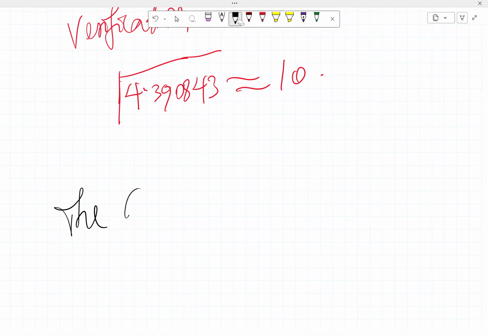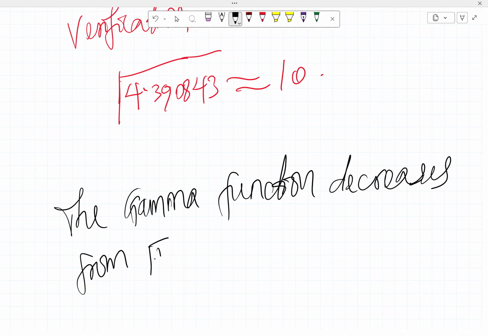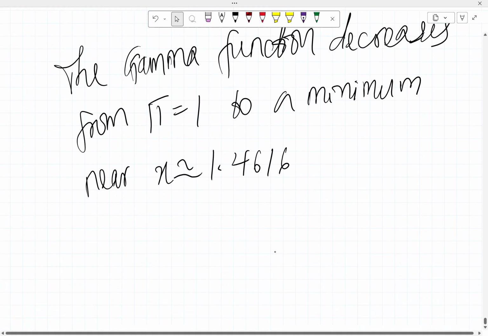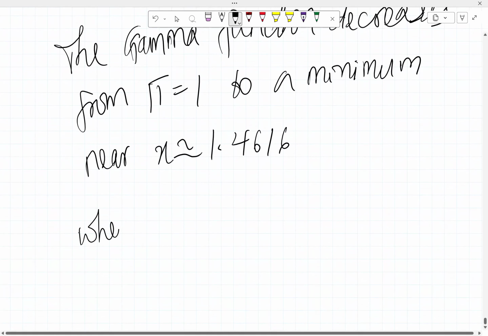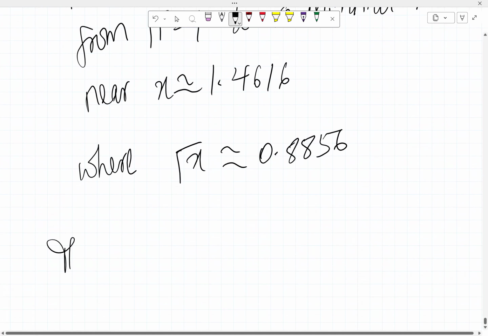We know that the gamma function decreases from gamma 1 equals 1 to a minimum near x approximately 1.4616, where gamma x is approximately 0.8856.